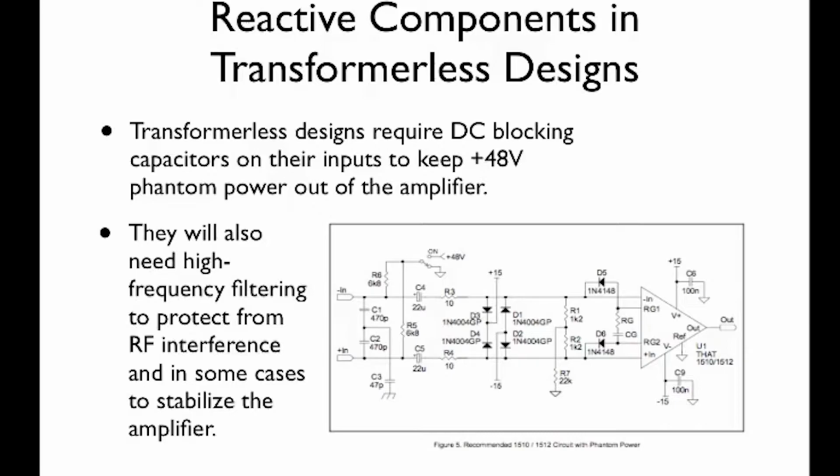The DC that is phantom power effectively has a frequency of 0 hertz. So if I have a high-pass filter, it will be infinitely attenuated at 0 hertz, meaning that the DC here cannot pass these capacitors and cannot arrive at my instrumentation amplifier and potentially damage it.